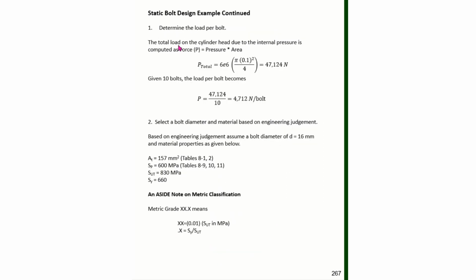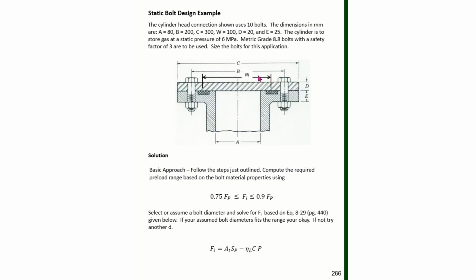To determine the load per bolt, we're going to take the total load on the cylinder head due to the internal pressure. We know the pressure is 6 megapascals, and we're going to use W here as our dimension over which that acts.